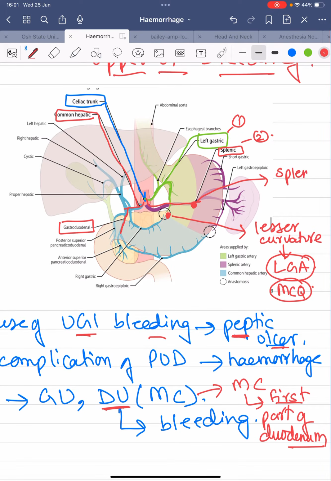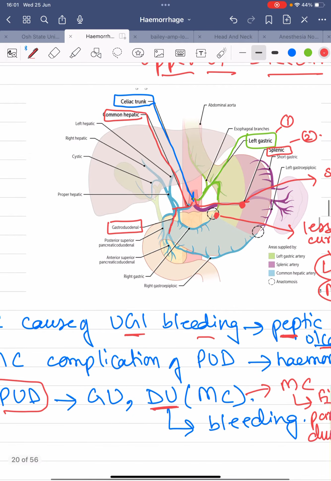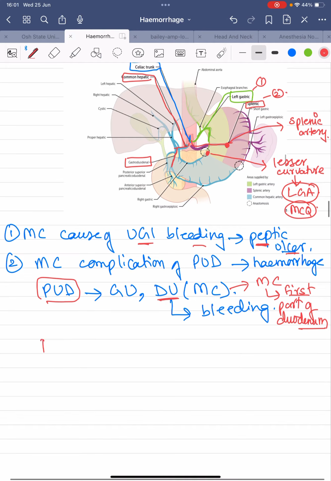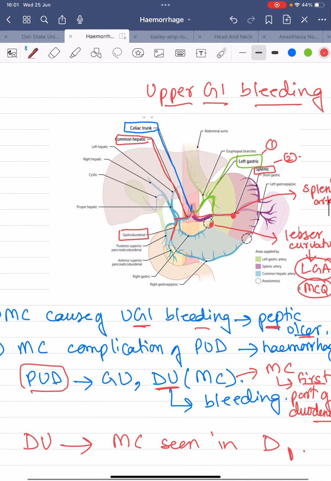And the third clinical scenario: if the ulcer is present in the first part of the duodenum. Please remember, duodenal ulcers are most commonly seen in the first part of the duodenum. We divide the duodenum into four parts, D1, D2, D3 and D4. So this is the D1 part.